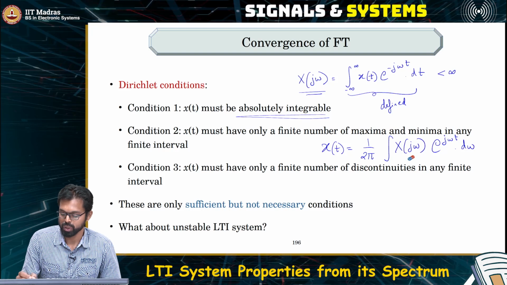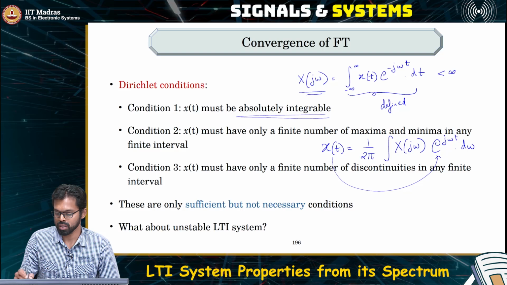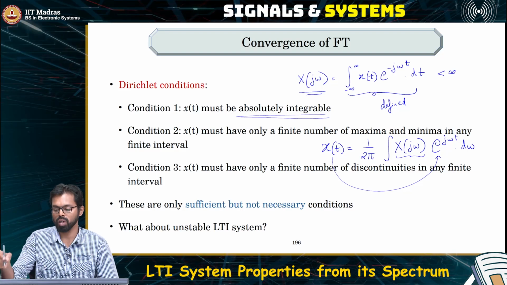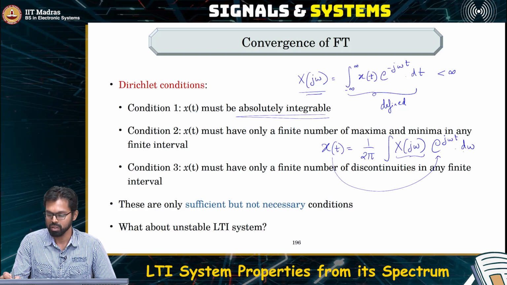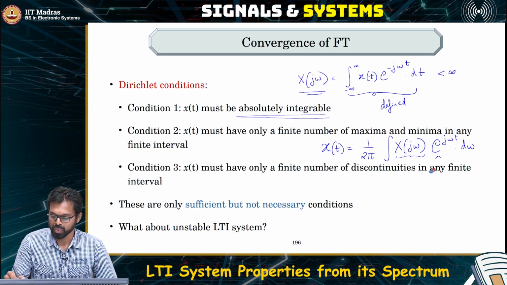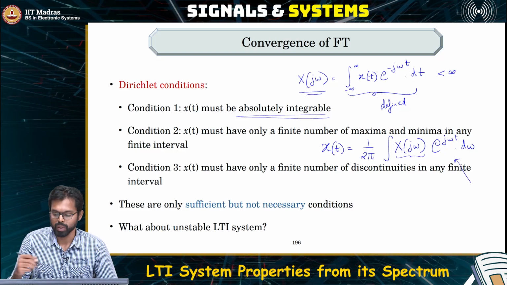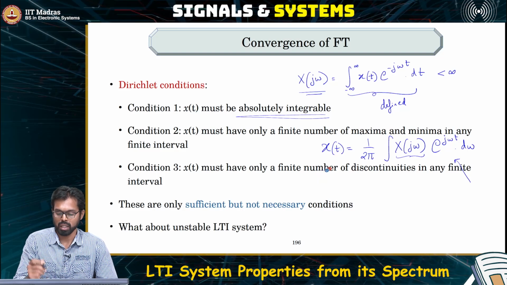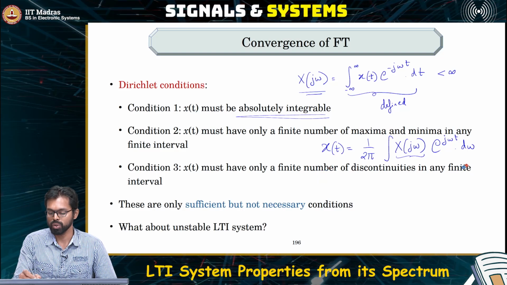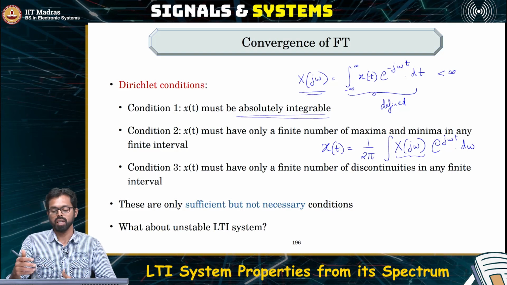We are just simply representing x of t in terms of phases with different coefficients, and because the phases are taking continuous values of frequency, we are going to integrate instead of summation. So everything on the right hand side is continuous. So if there is a discontinuity on the left hand side, then at those points alone, the values will converge to the mean of the left and right limits.